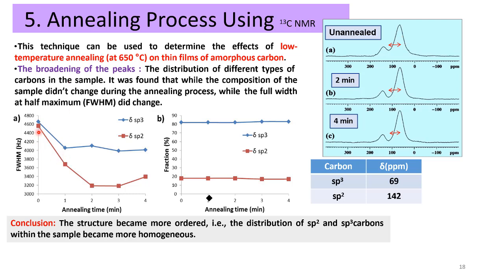The full width half maximum is lower initially, the peaks are not so broad. Then as we increase the annealing time, the broadening will take place, and that is what we can observe from these curves.